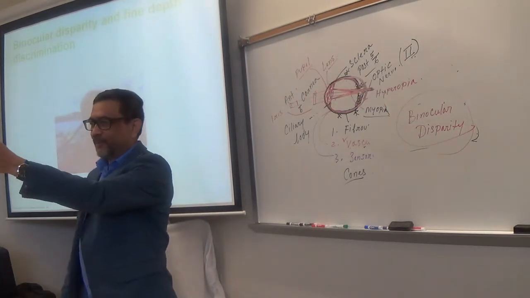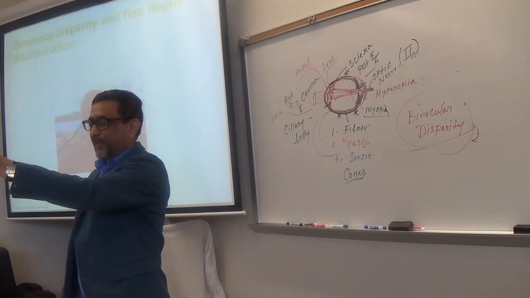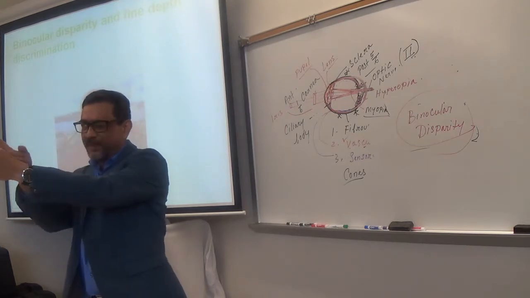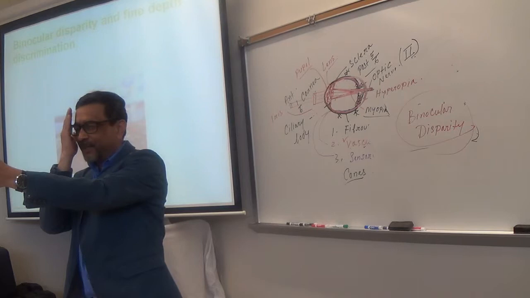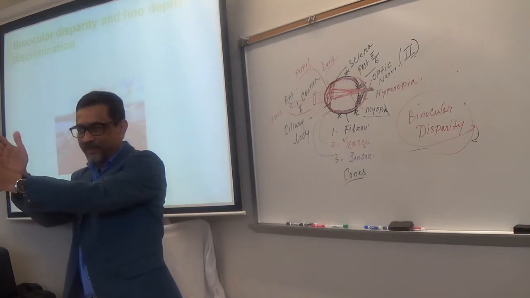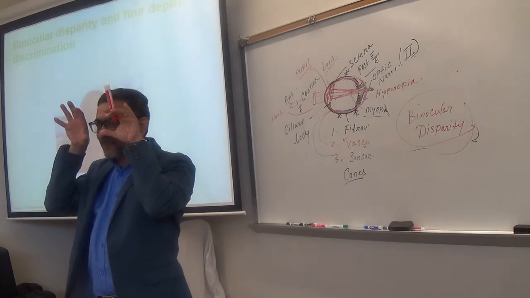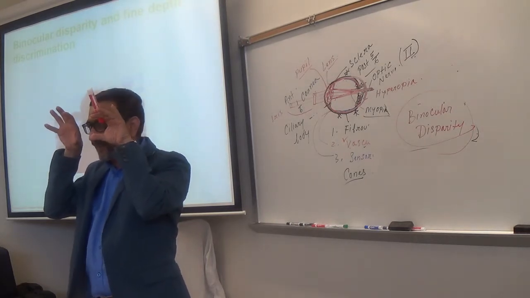Look at this. If you close and open your right and left eyes like this, you'll see this is moving like this. That means your right eye sees in one location, and the left eye sees in a slightly different location. Make sense? It's like two cameras, your two eyes.